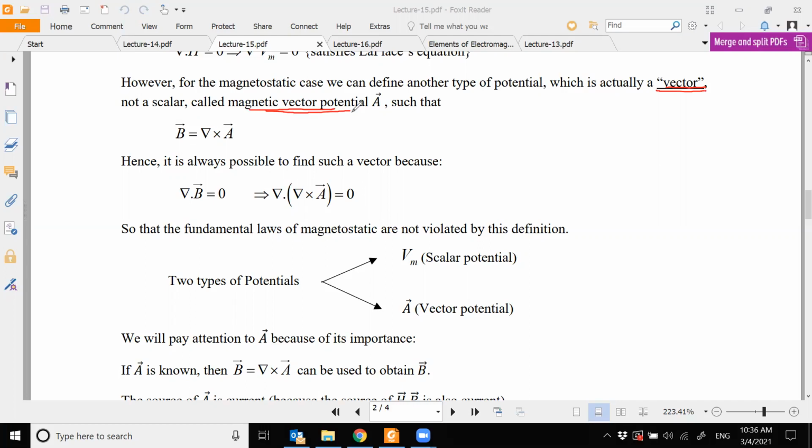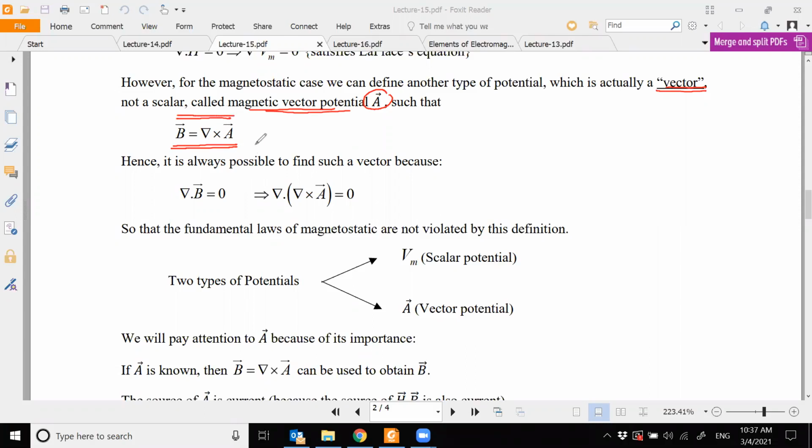So now we go to a more generalized solution, where the magnetic vector potential is defined as A bar. B bar is del cross A bar. That is, the magnetic flux density is del cross the magnetic vector potential.